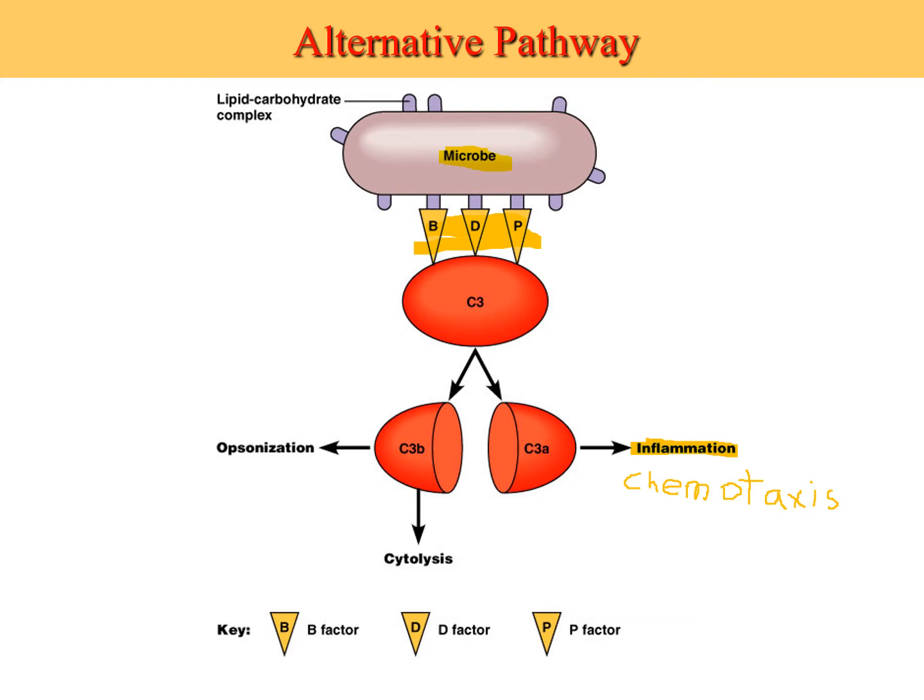It also mediates opsonization, not C3A, but C3B mediates opsonization, increasing the likelihood that the cell will get phagocytosed. Notice that in the diagram for the classical pathway and in this diagram at C3b we have this arrow going towards cytolysis.